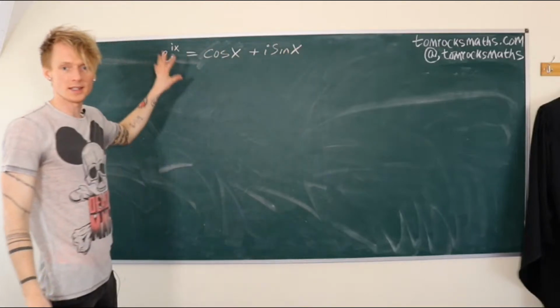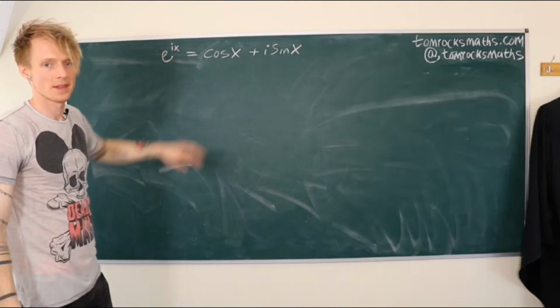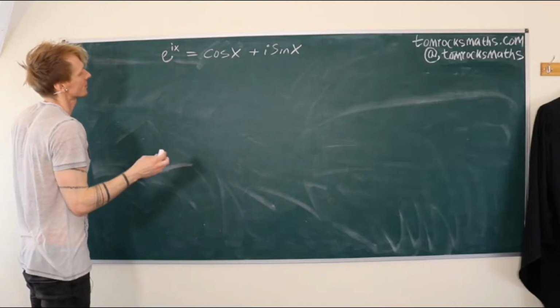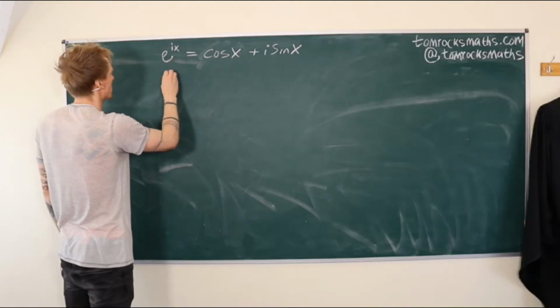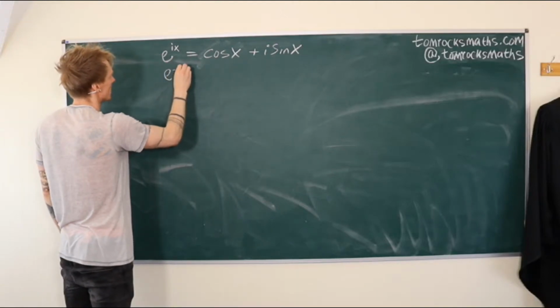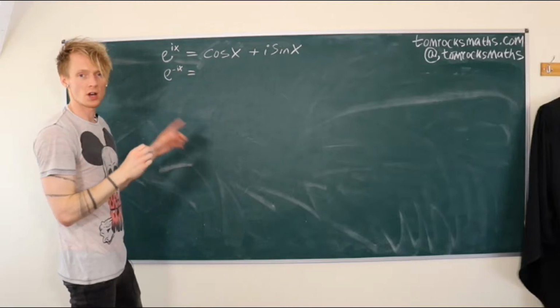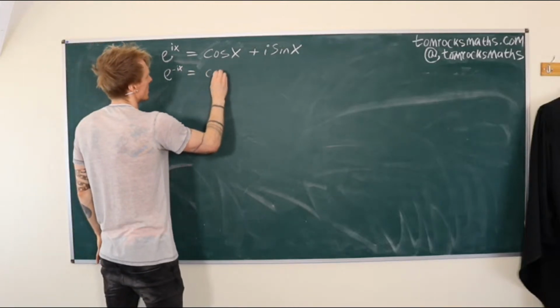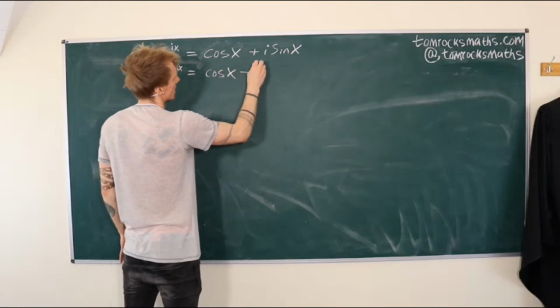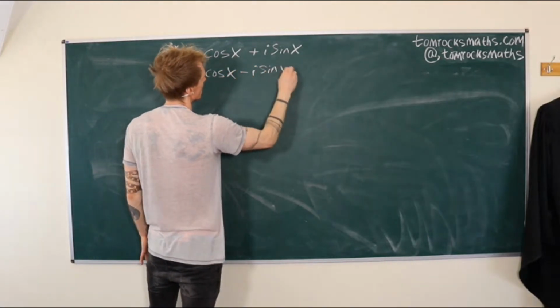So we started by assuming this. Then we said using this formula, we could calculate e to the minus ix using the fact that cos was even, sine was odd. We could calculate that this was cos of x minus i sine of x.